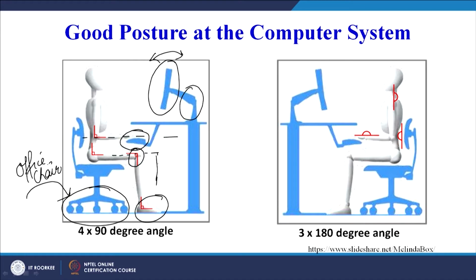So, the important point is that the design of the work system is not in isolation. It is an integrated design thinking approach, which means that the chair, when we are designing it to be used in an office, has to be integrated with the computer system.